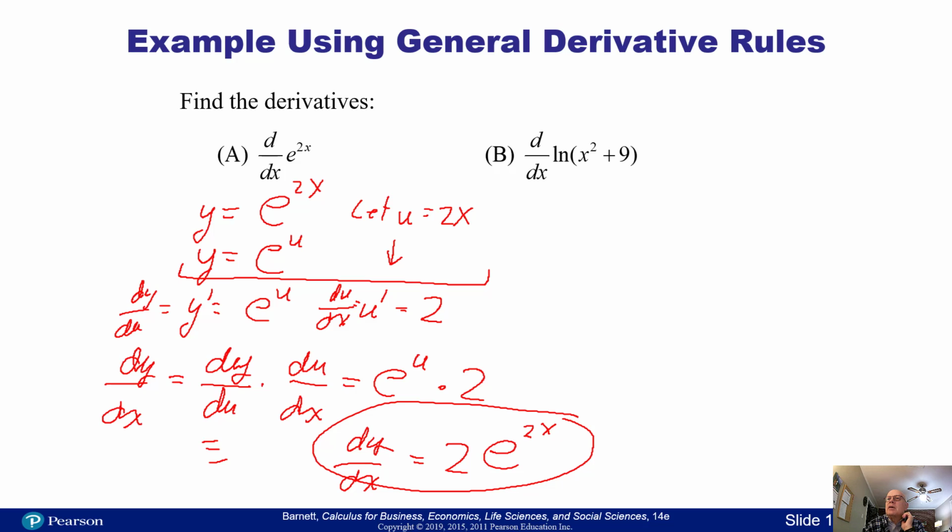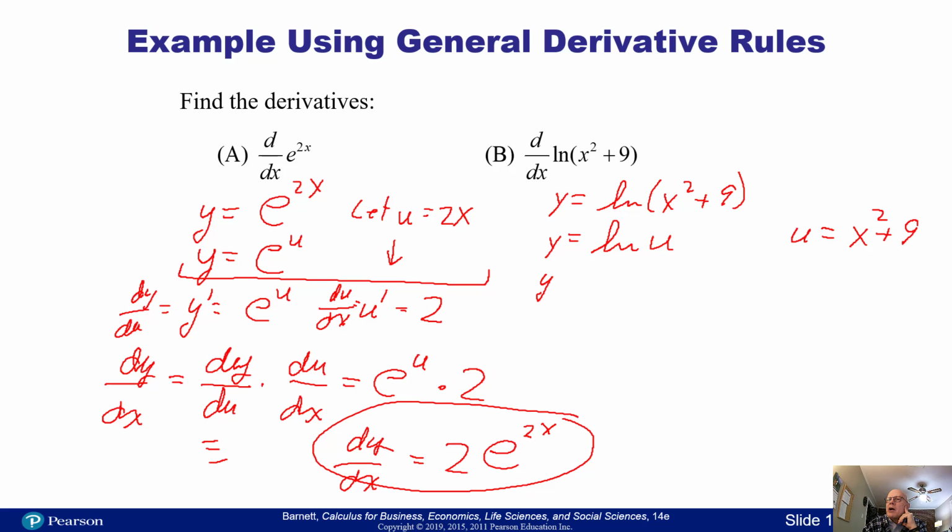On the second one, let y be natural logarithm of x squared plus 9. I'm going to make things easy by calling u the inside function like this. That makes y the natural logarithm of u. Nice and simple. Then we'll take the derivative of both.